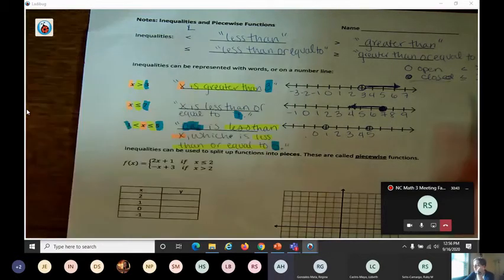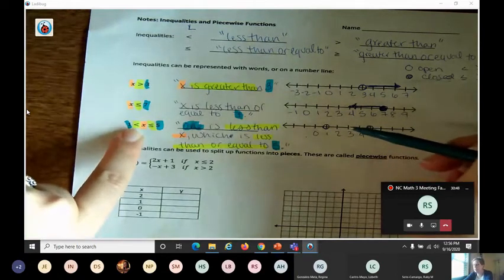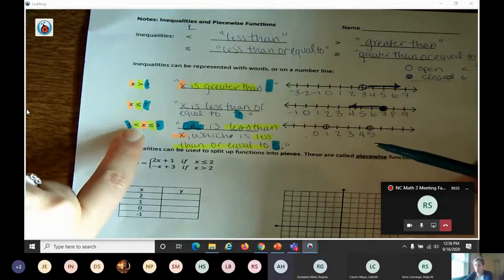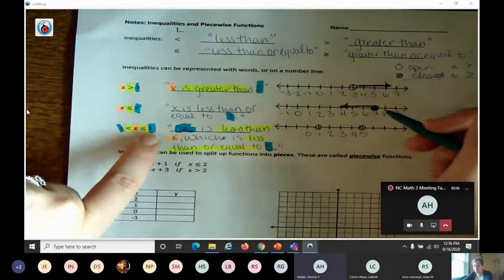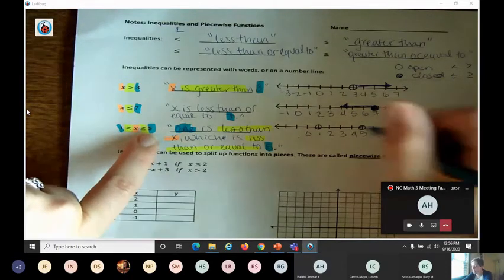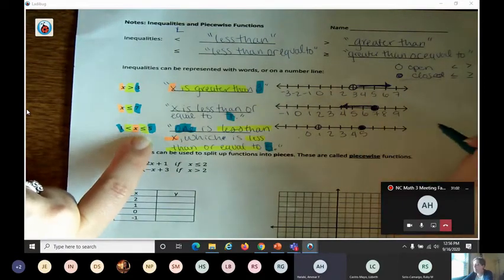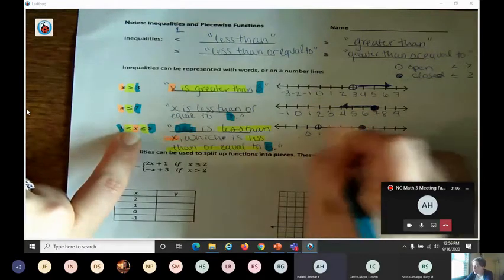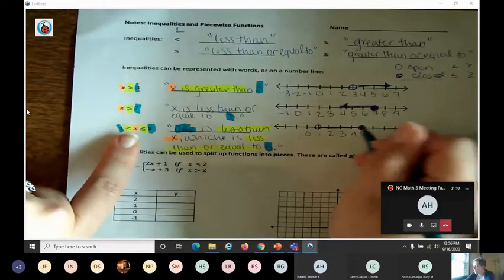Okay, so 1 has this less than symbol with it between it and x. So is it going to be open or closed? Open. Very good. And what about 5? Closed. Very good, because we have the less than or equal to symbol. And then we see that x is between these two values, so I'm just going to draw a line directly in between these two dots. Okay, good job, guys. What questions do you have?